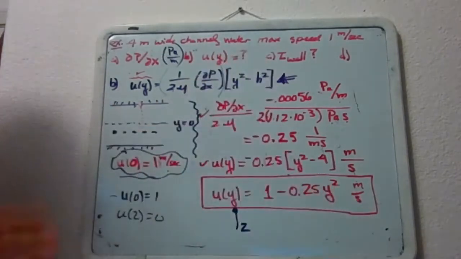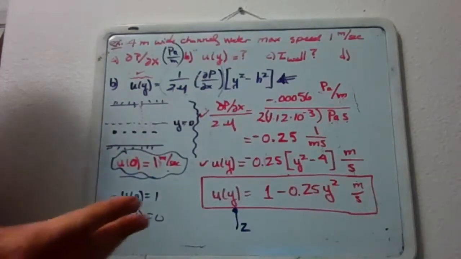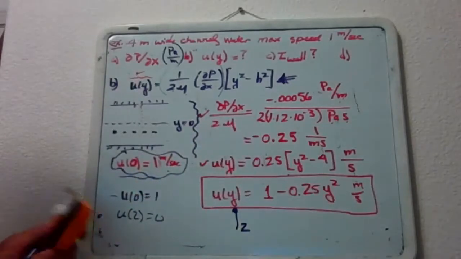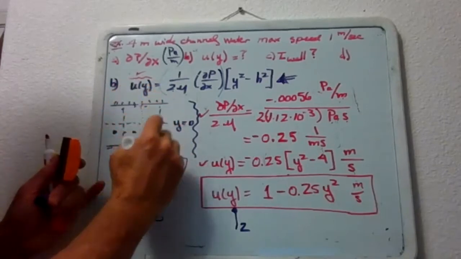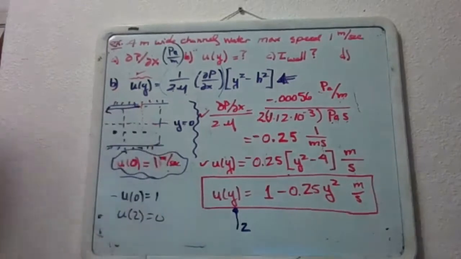Part C is, what kind of shear are we talking about? That might be a way of thinking, what kind of friction are we talking about? Because as you remember earlier, I did a rectangle of that fluid, and we said at the wall there is shear going backwards. So challenge yourself and see if you can figure out what the shear at the wall is.